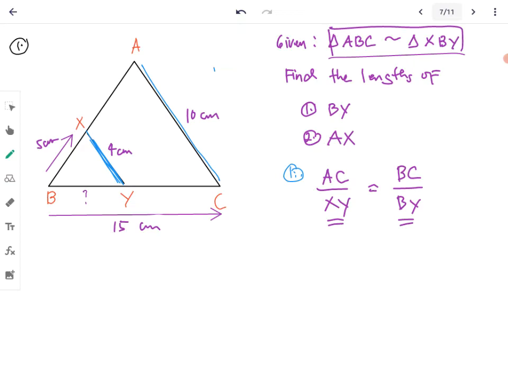Number 2, the ratios of the corresponding sides are also equal. That's where this equation comes from. So we can use the similarity to set up the equation to find the unknown. We can now substitute the given values. AC is 10 cm.